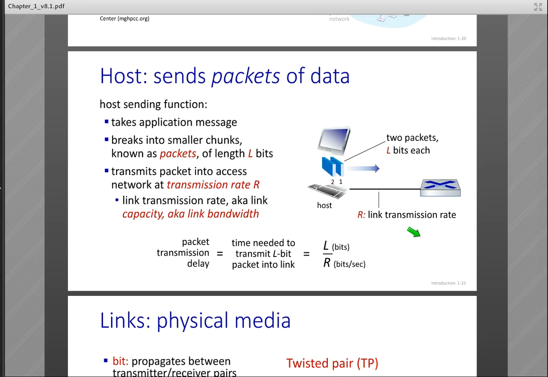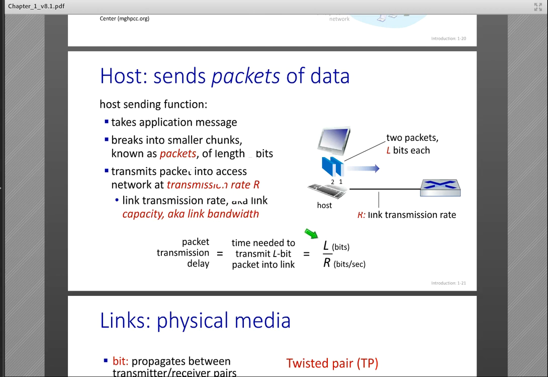We call them packets. A packet is a small chunk of a message. Our packet has a length of L bits. So in the network, we are trying to send an L bit packet over a network with transmission rate of R bits per second.